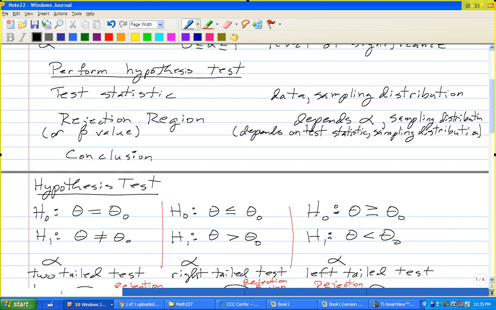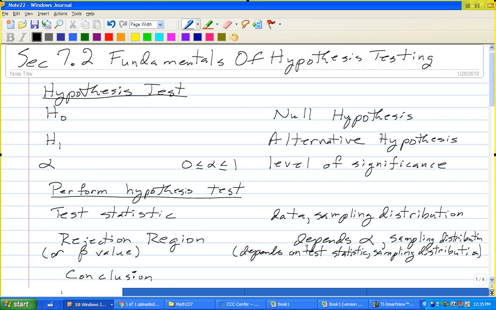So I should probably say up here that I assume it's equal to 0.05, and in general, it's always between 1% and 10%.